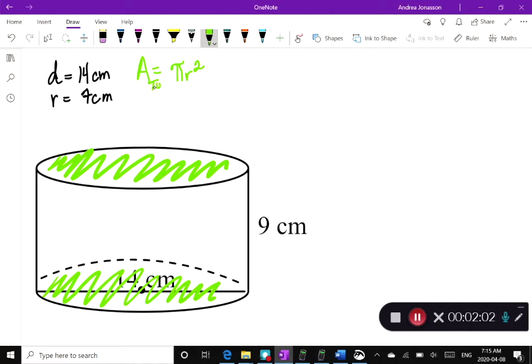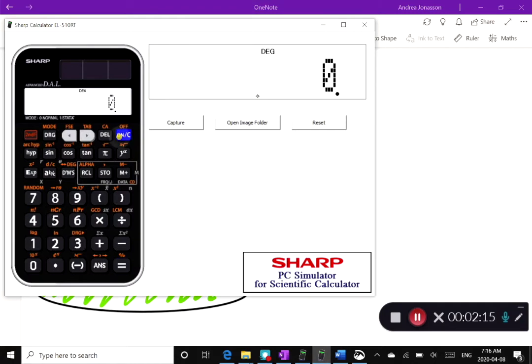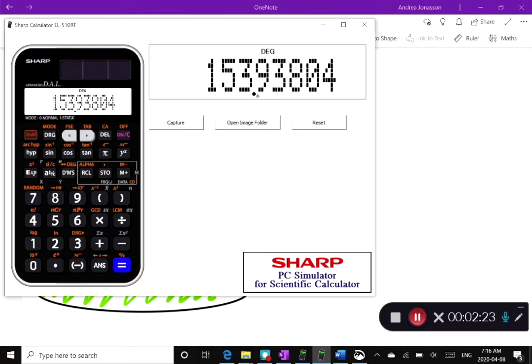So the area of the top is going to be pi times 7 centimeters squared. Pi times 7 squared will give us 153.9.